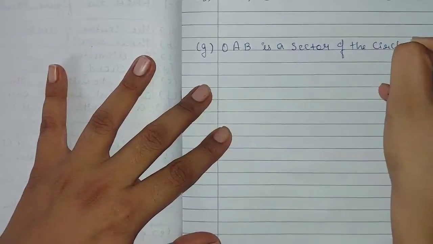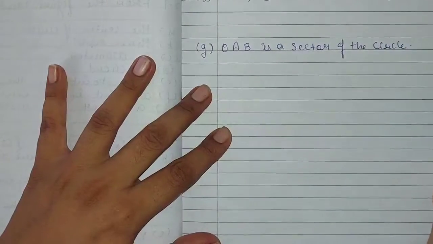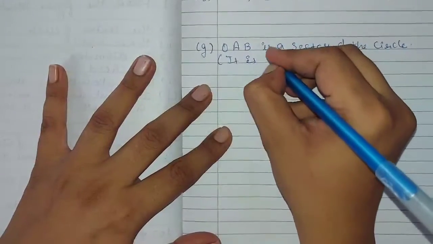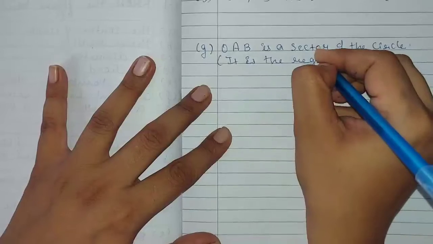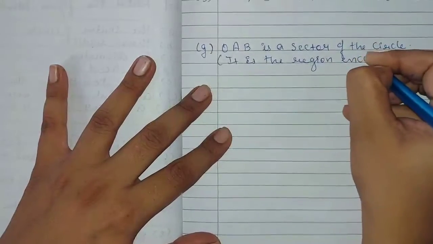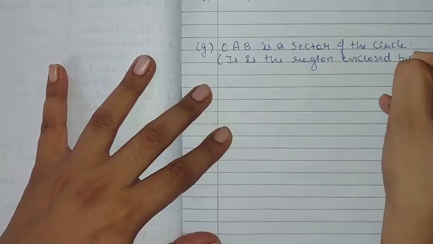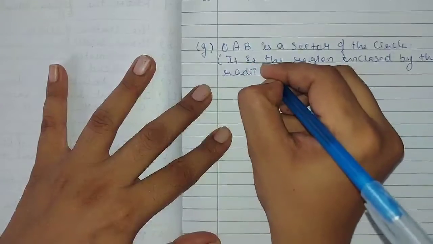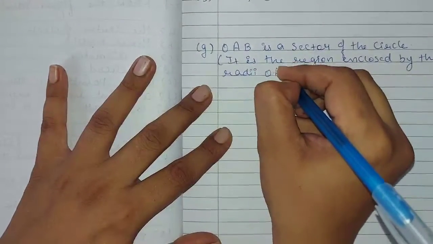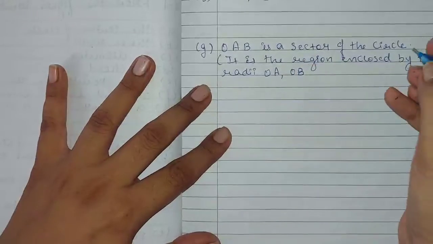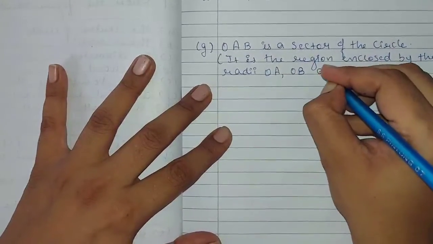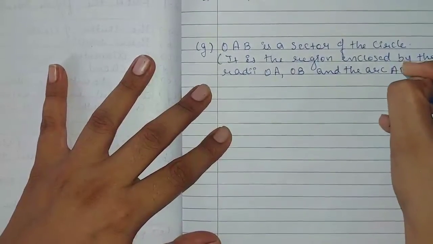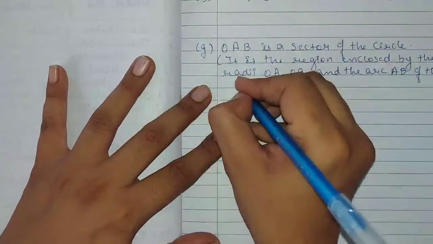That means it is the region enclosed by the radii. You know what radii is? Radii is the plural of radius. Radii OA, OB, and the arc. Which arc is it enclosed by? It is enclosed by arc AB of the circle.